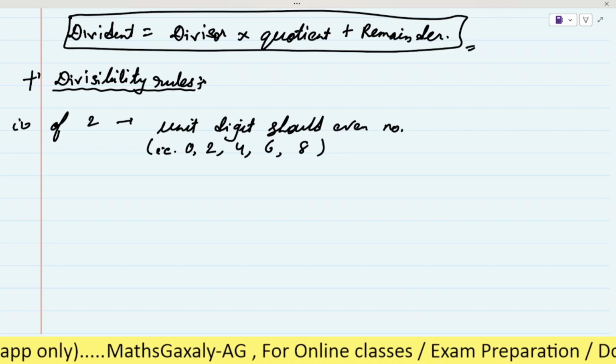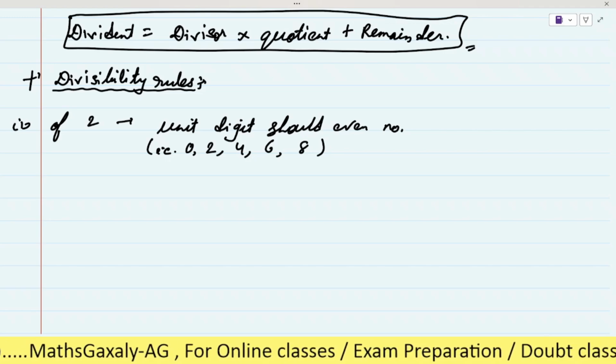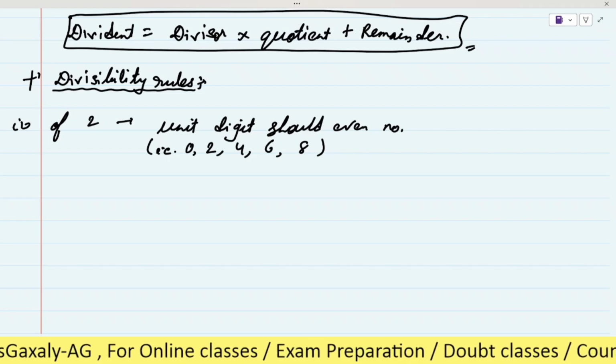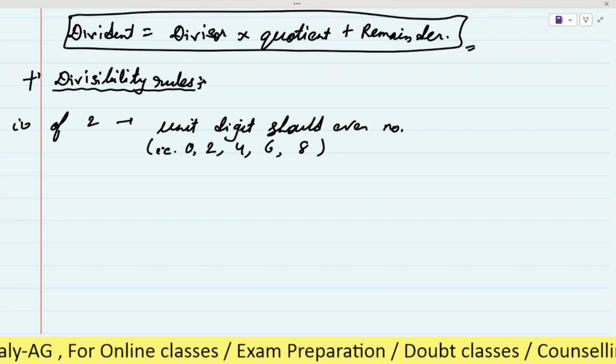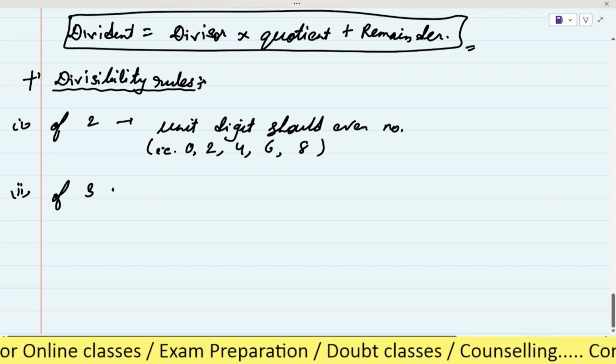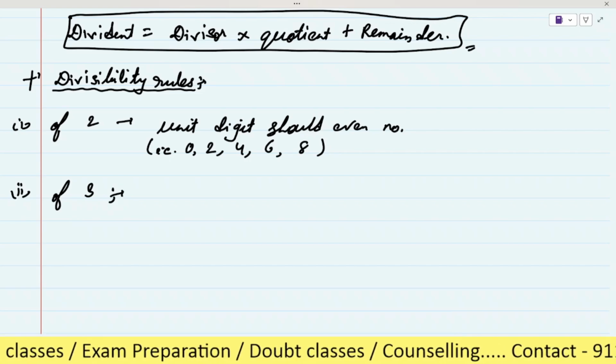Or we can say that the unit digit should be divisible by 2. If the unit digit is divisible by 2, then the whole number is also divisible by 2. Okay, do you want an example for it? No need.